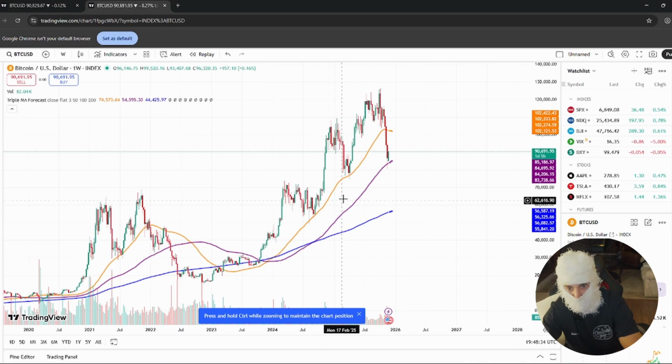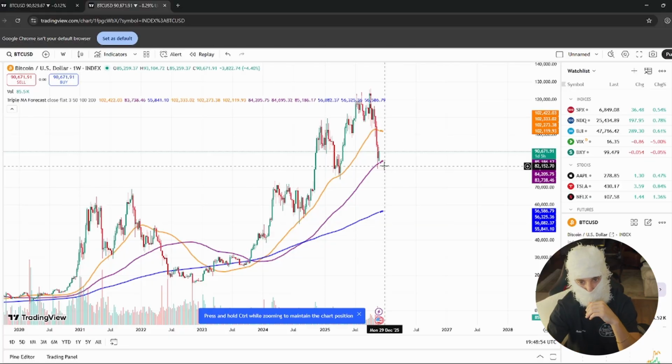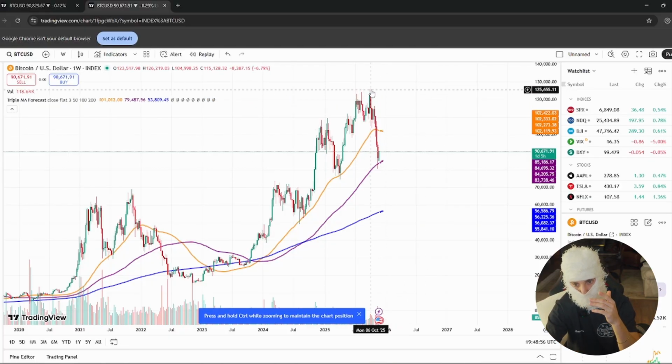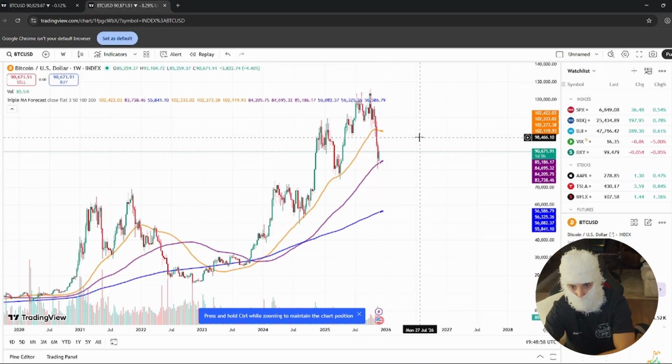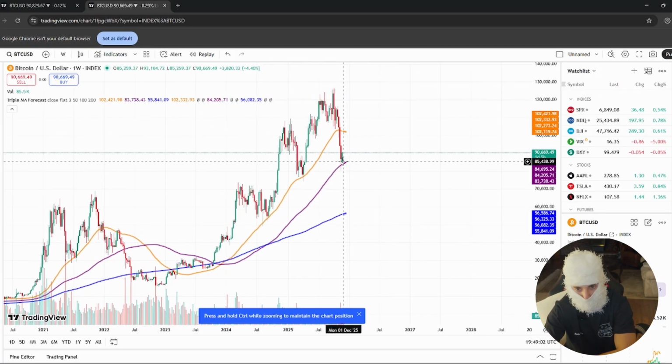So I think that next year, probably from maybe April till November, that's when we're gonna have the Bitcoin low. And if I had to bet, I think we're gonna have a low around October 2026, because the low always comes a year after the high. So we had the high here in October, so I think the low is gonna be in October, but in 2026.